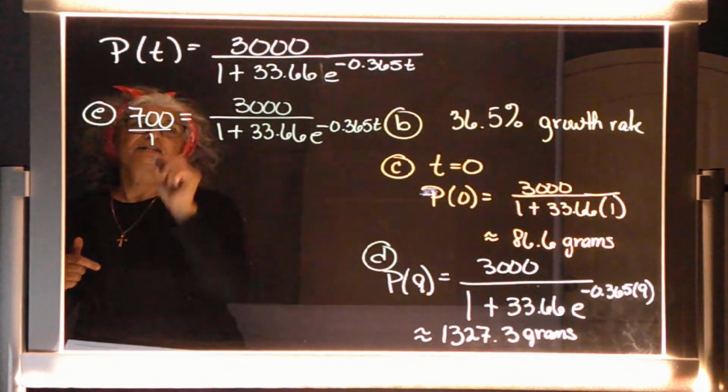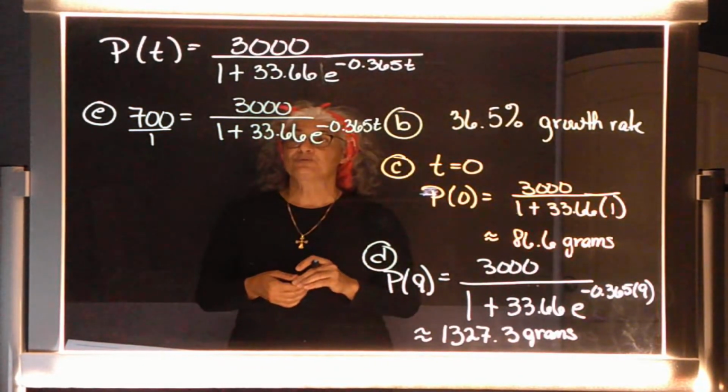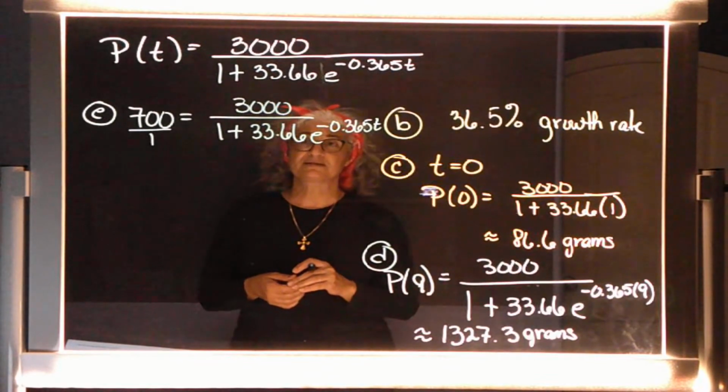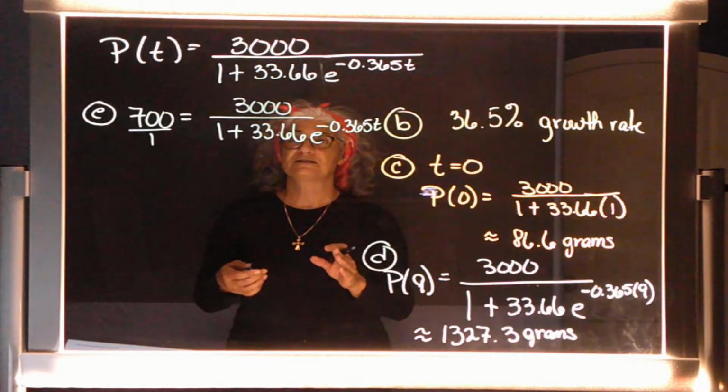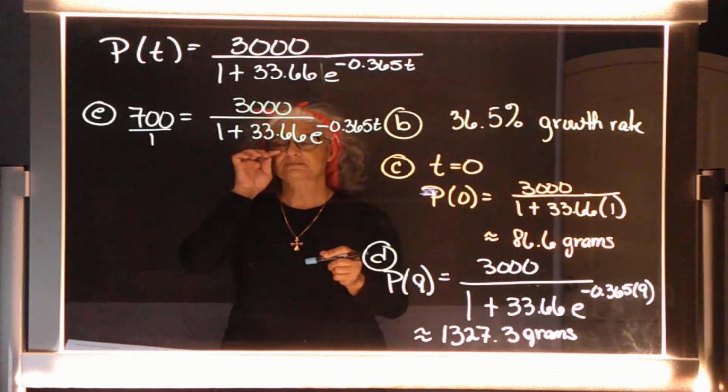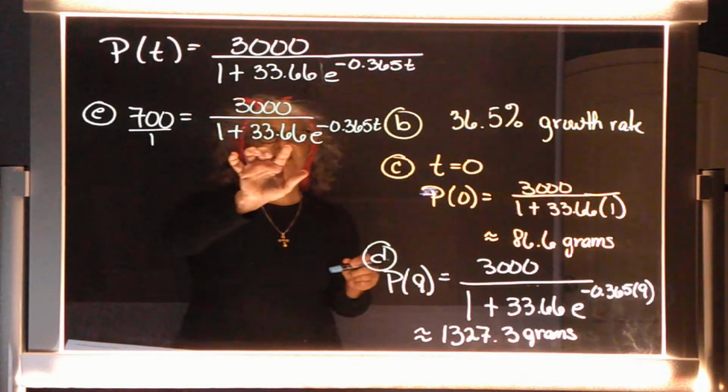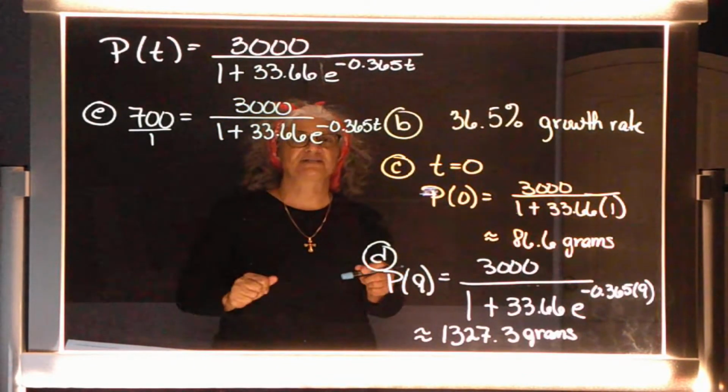Now I put the 700 over 1, and what I did was I basically cross-multiplied. Because I would have 700 times this lovely fraction equaling 3,000, wouldn't I?